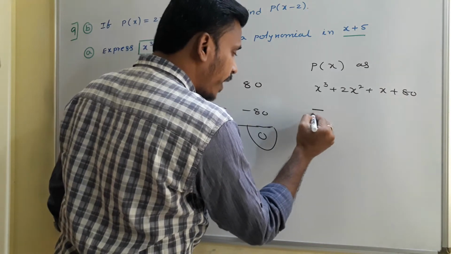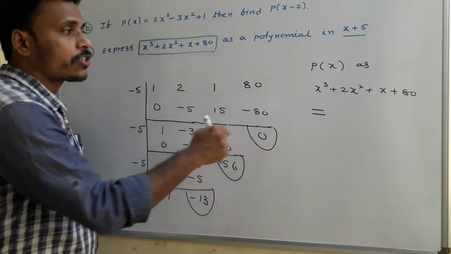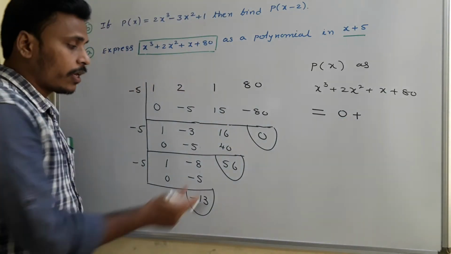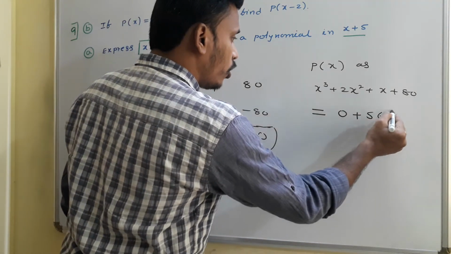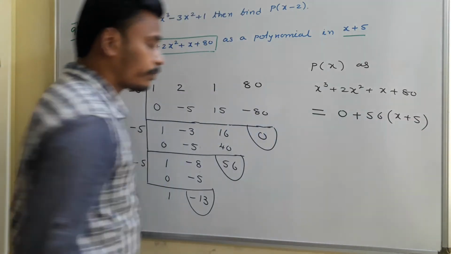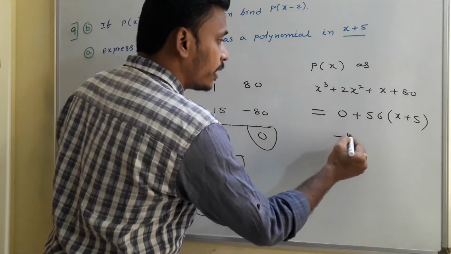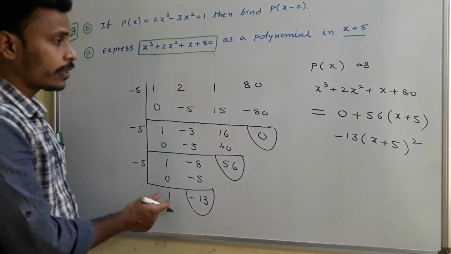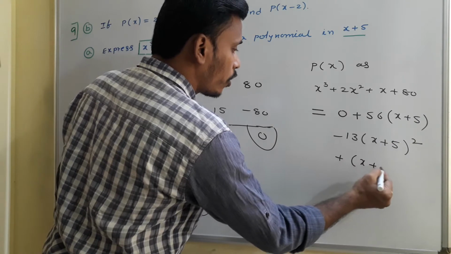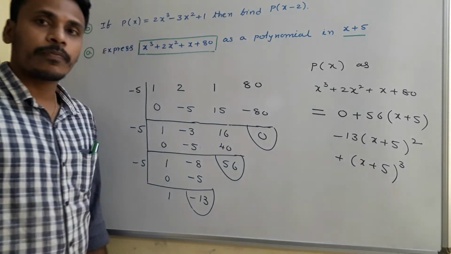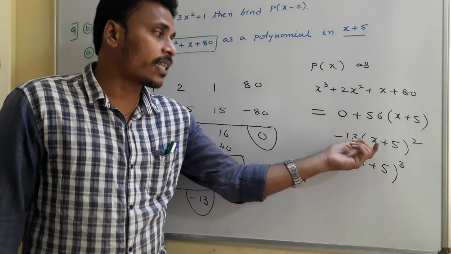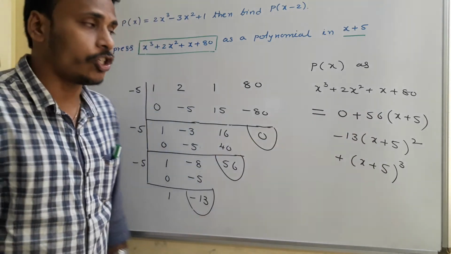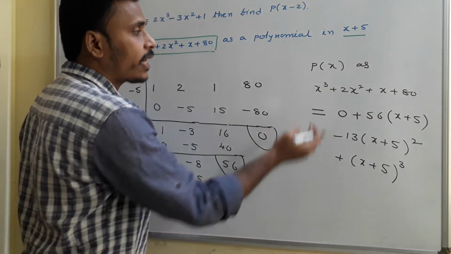This polynomial is directly equal to x plus 5 whole cube minus 13 into x plus 5 whole square plus 56 into x plus 5 plus 0. The constant of the result is 0. This polynomial is directly equal to this.